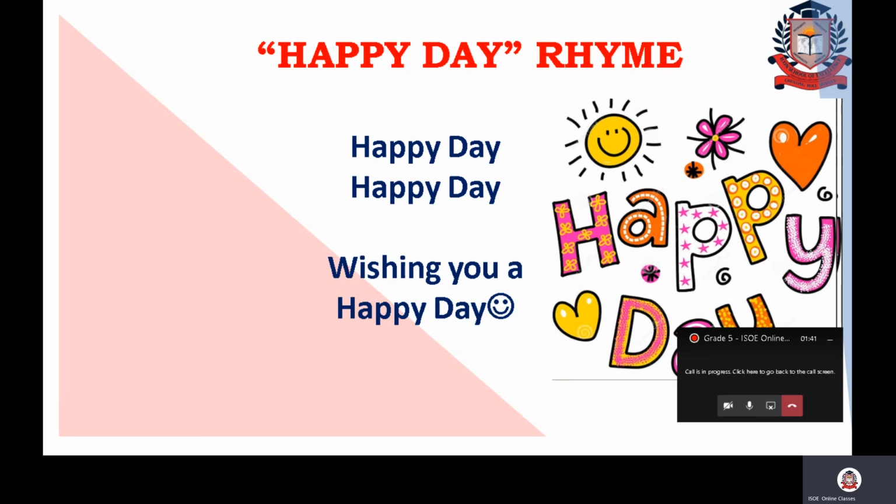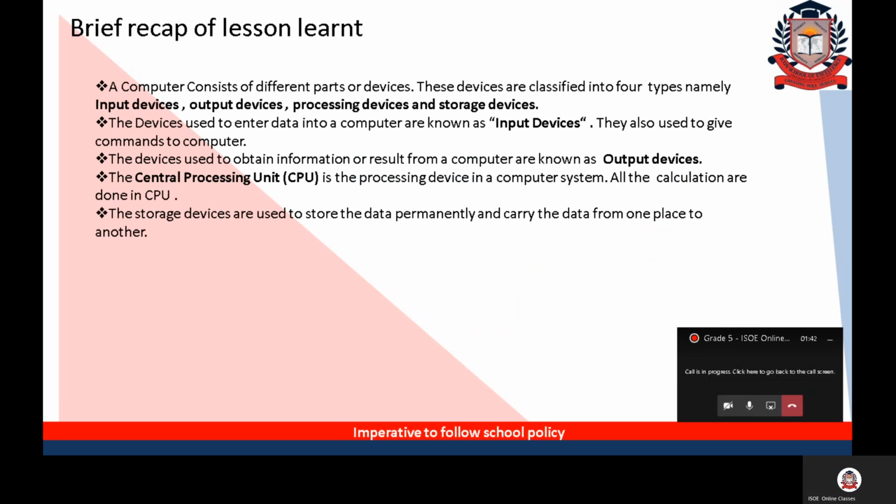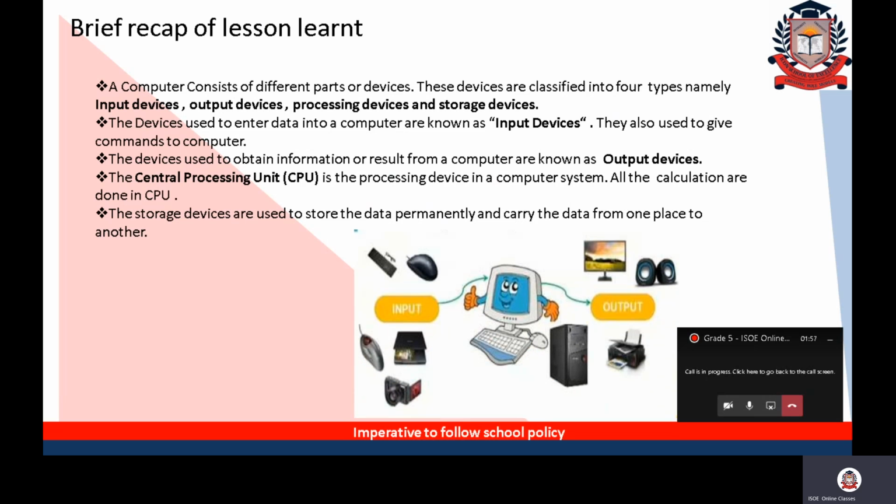We'll start our class. Before I begin, let's revise the basics about the computer. What are the devices? What is the meaning of computer? The computer consists of different parts or devices. These devices are classified into four types: input devices, output devices, processing device, and storage devices.